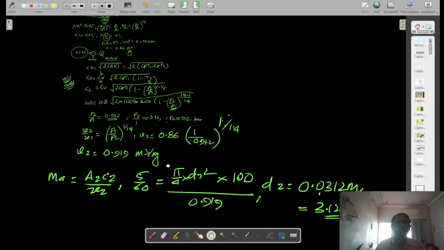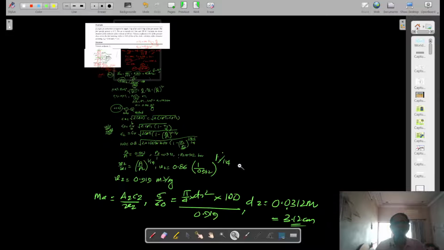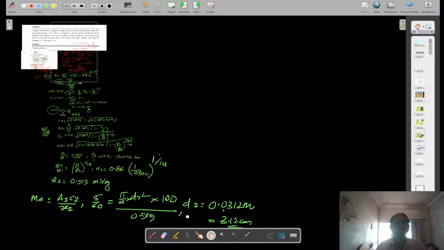So this is the value, and we needed to find out the diameter of the throat. So we have successfully found the value of D2. D2 is 0.0312. The next step in the solution was to find out the orifice diameter.